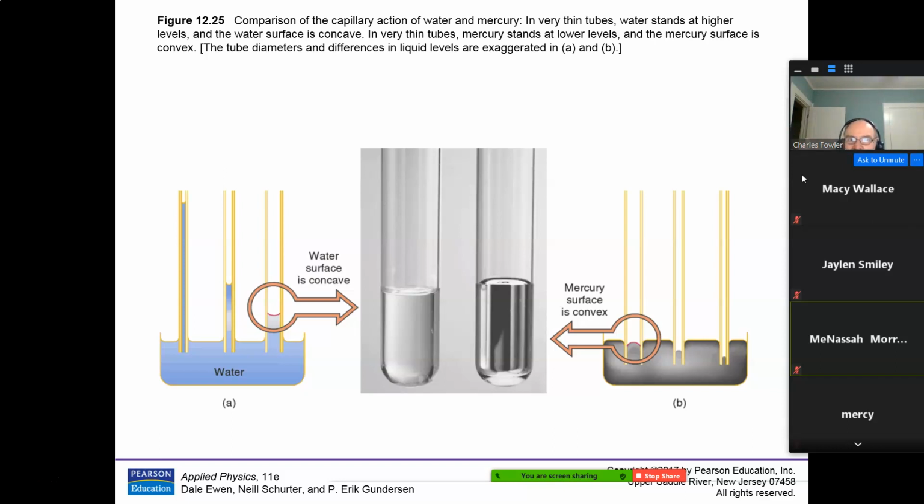And because water, remember, doesn't do well with grease, your skin has a certain amount of oiliness to it. And especially if you're dealing with frying or cooking something, you might get oil on your hand. Water would not do a good job getting that off.